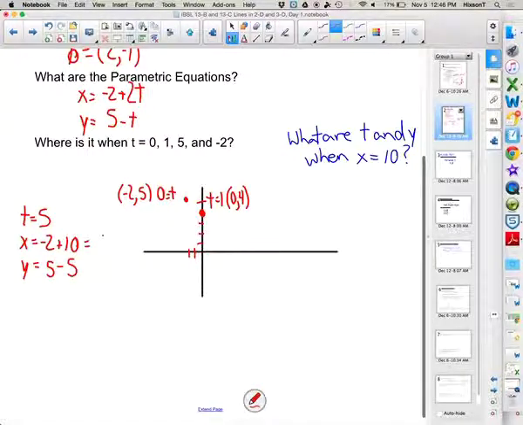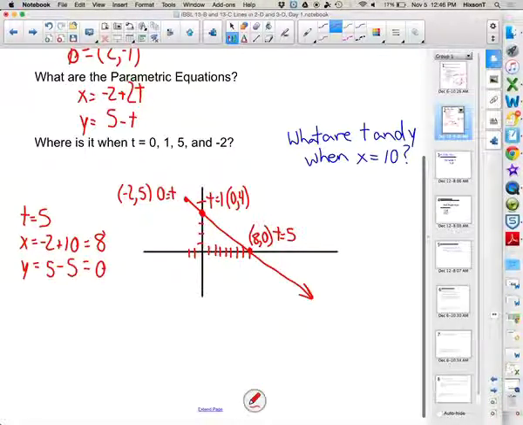So we're going to be at the location 8, 0. So 8, 0 is where t equals 5. So you notice here we have this linear path.